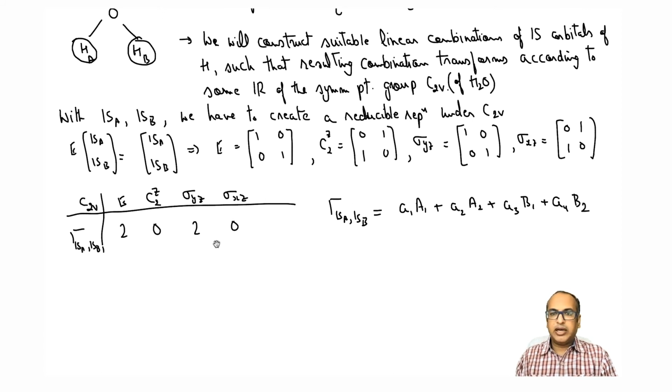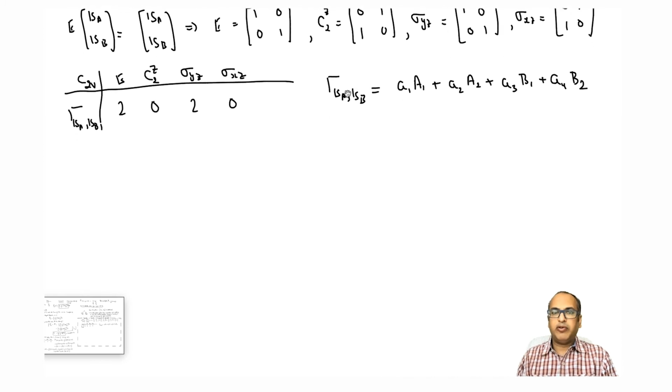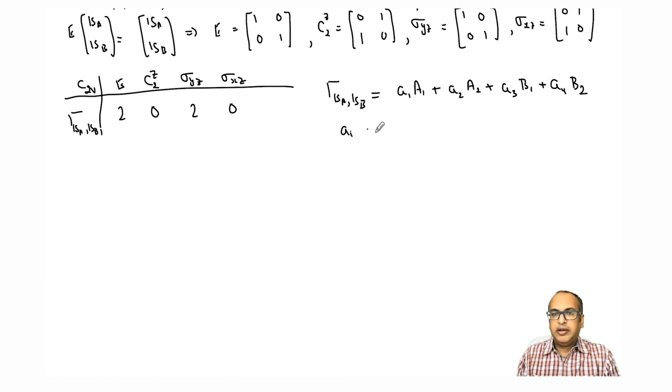I'm not going to write the character table of C2V, but we can see that these are the 4 irreducible representations C2V has. So this particular tau, which is the reducible representation, would be a linear combination of these irreducible representations, where a1, a2, a3, a4 can be determined using the reduction formula.